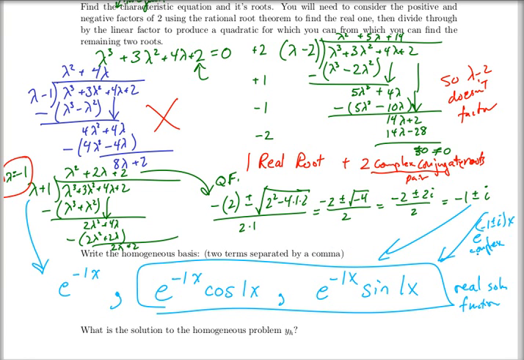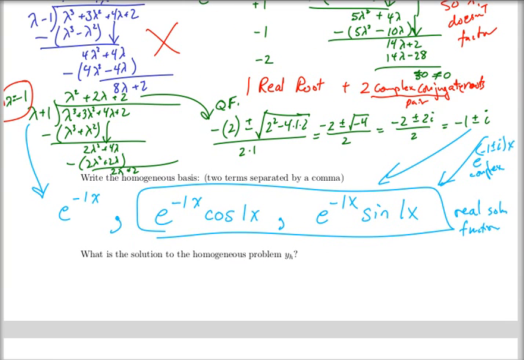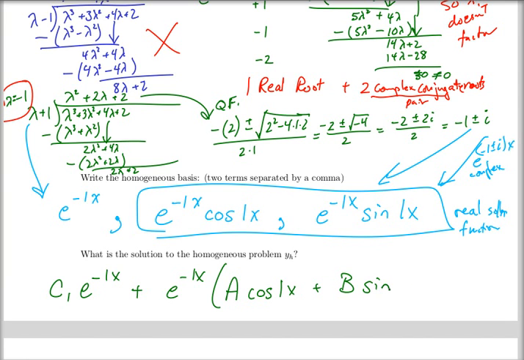Perfectly okay to write a basis with the complex exponentials, but it's not a habit that you're going to want to use, because I'm not asking you to prove Euler, I'm just asking you to use it. So what's the solution to the homogeneous problem? Well, it's going to be a linear combination of these: c1 e to the minus 1x plus e to the minus 1x times a cosine 1x plus b sine 1x.